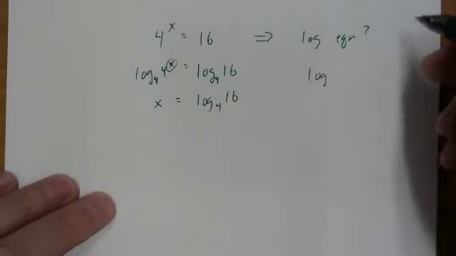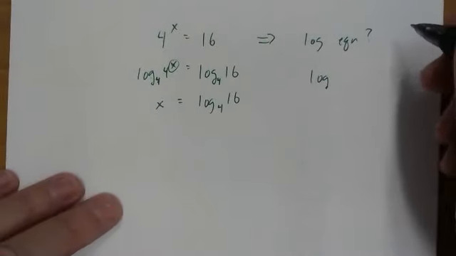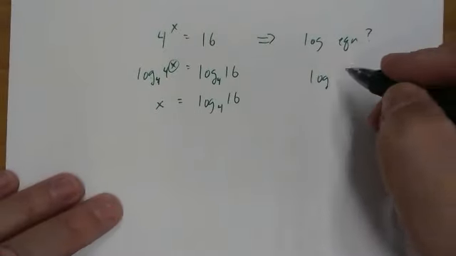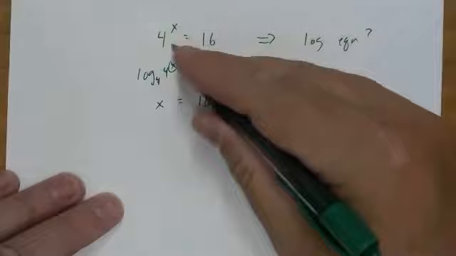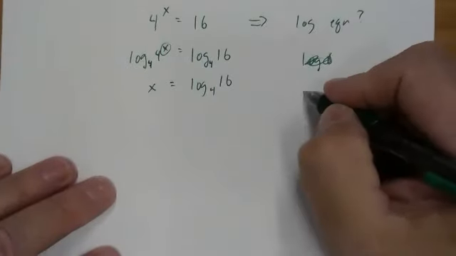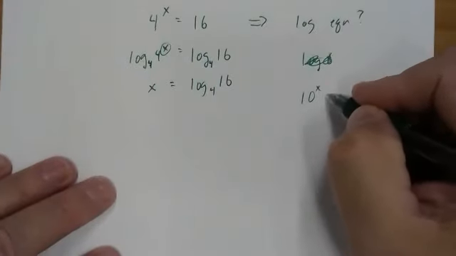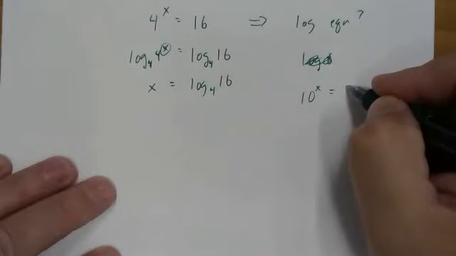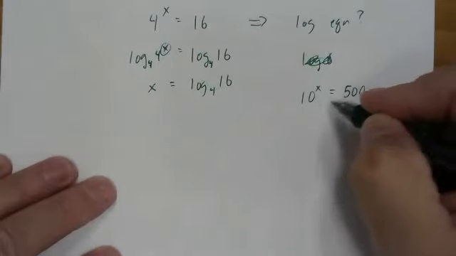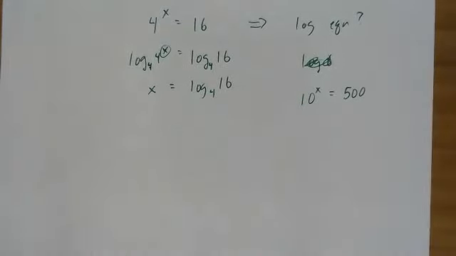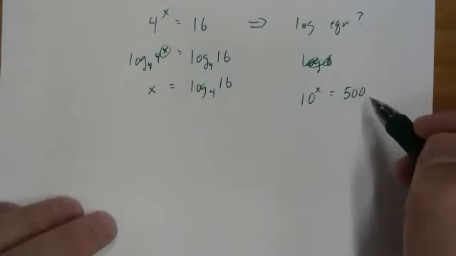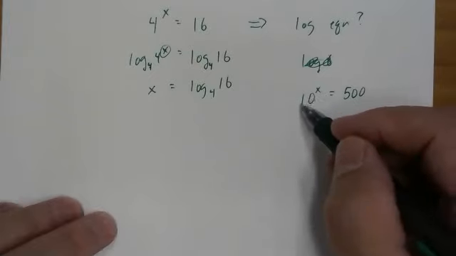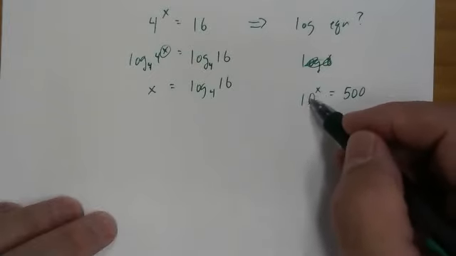How about common log of... oh, sorry, I want to start with an exponential equation, and I want to rewrite this as a log equation. So I'm going to take the log of both sides, but I'm going to look at the base of my exponent.